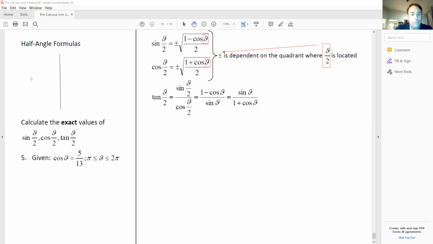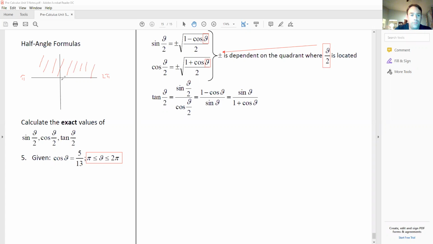Cosine theta equals 5 over 13. So first up, we're told that our angle is located somewhere between pi and 2 pi. So theta is somewhere between pi and 2 pi. So if I look at cosine, that means I'm not dealing with anything up here.